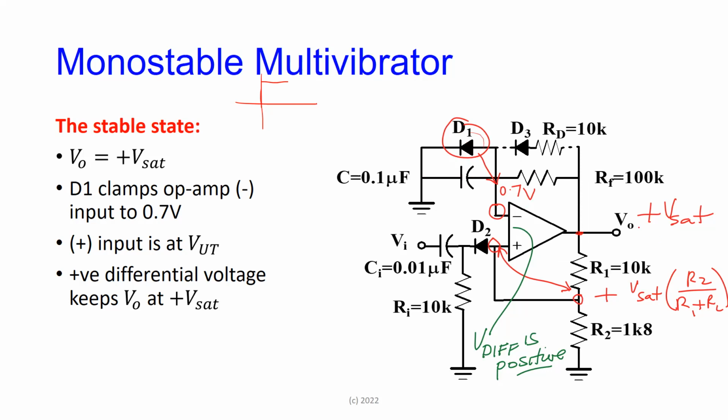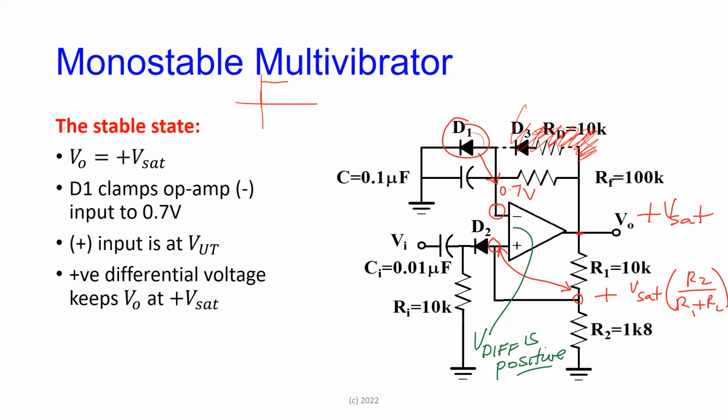So once here is at 0.7, right? Forget these for the time being, okay? So ignore all of this. This is irrelevant. Once here is positive, it will start to charge the capacitor. And as soon as the capacitor voltage gets more than 0.7 volts, D1 is going to turn on and keep here at 0.7 volts. Yeah?